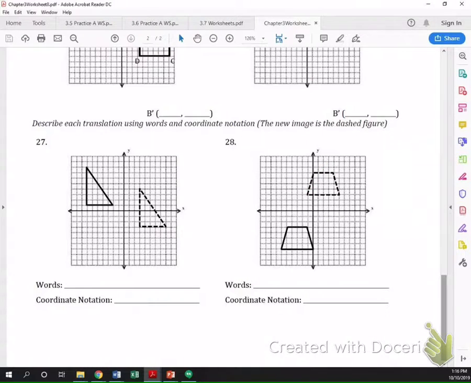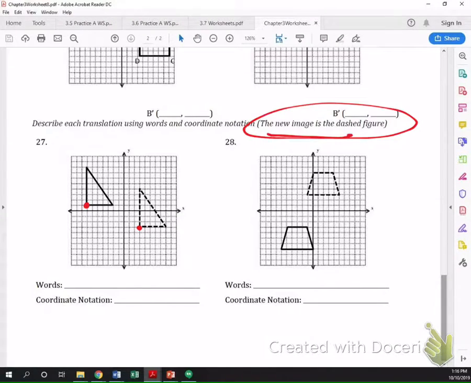So we have to translate in words. Do the translation in words and then in coordinate notation. This is one where you need to focus on one piece. I'm going to go with that bottom vertex. So in words, from the original to the dash, see how it tells you which one's the new?